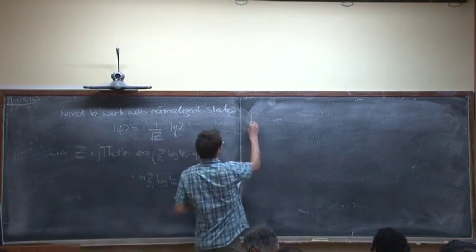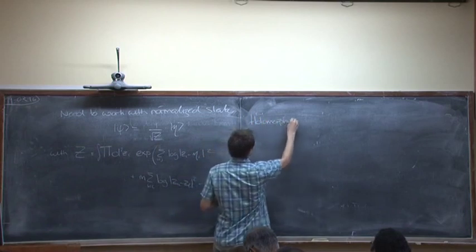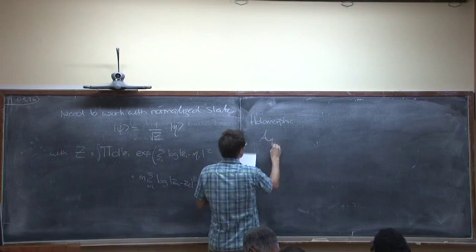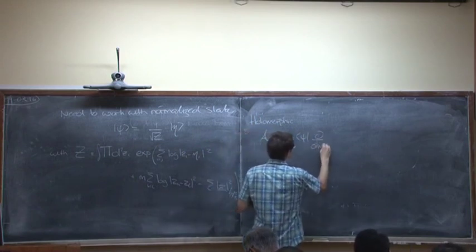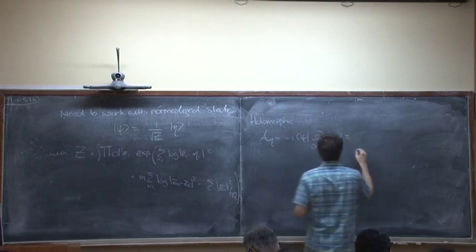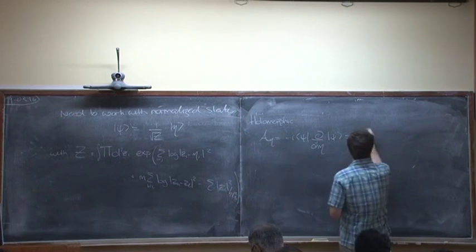So if you have a holomorphic path of the Berry phase, you differentiate the state with respect to eta, the holomorphic parameter.